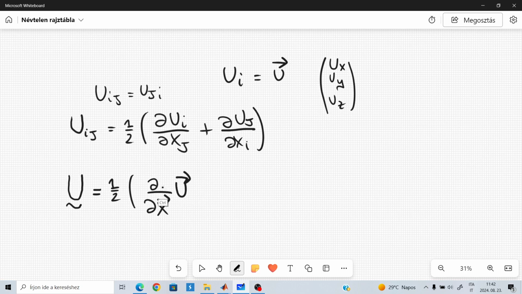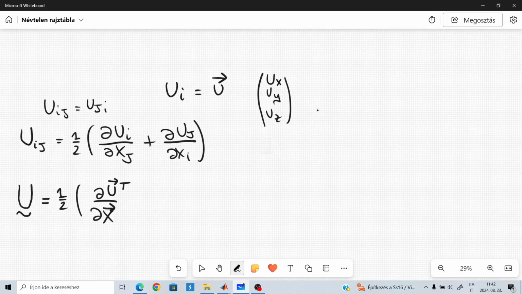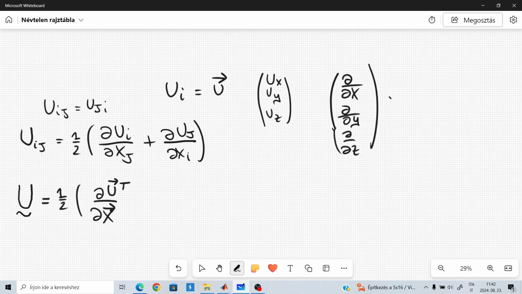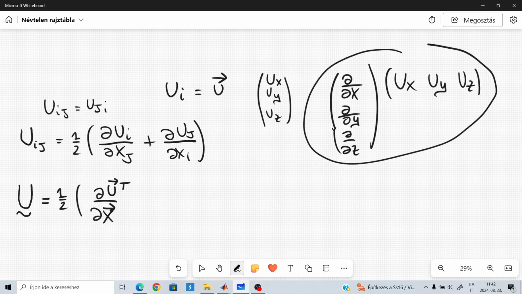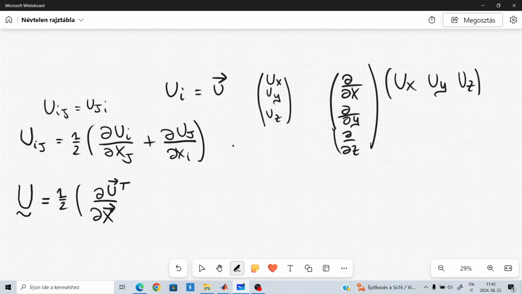If you think about it, if you consider the gradient vector d over dx, d over dy, d over dz, and you multiply this column vector by a row vector u_x, u_y, u_z, you get a 3 by 3 matrix.